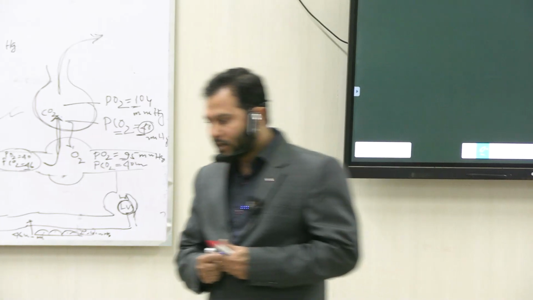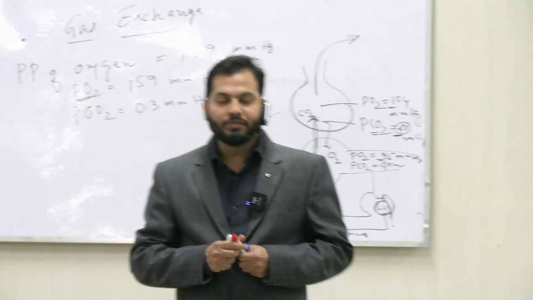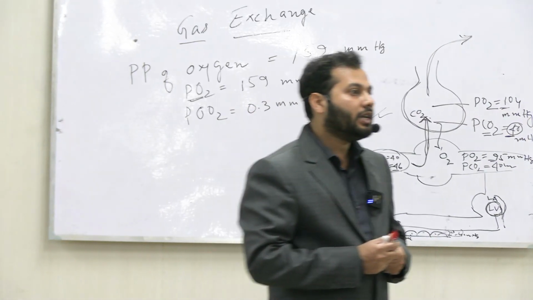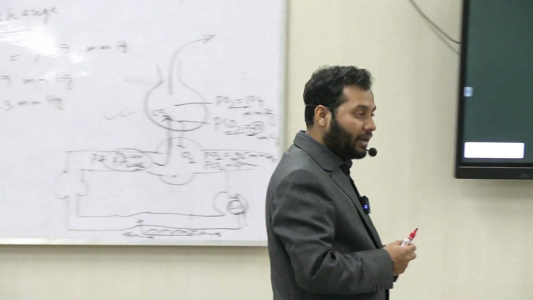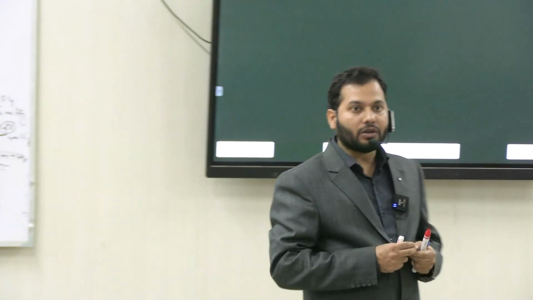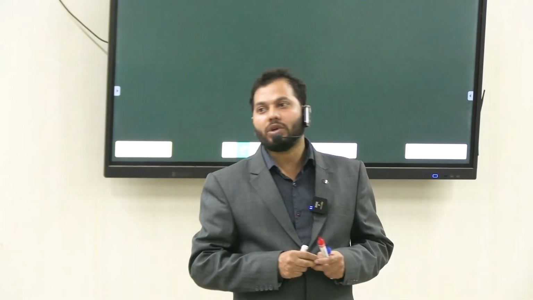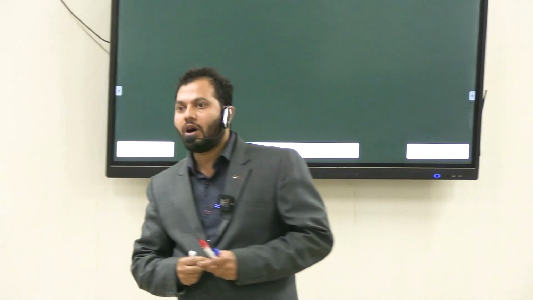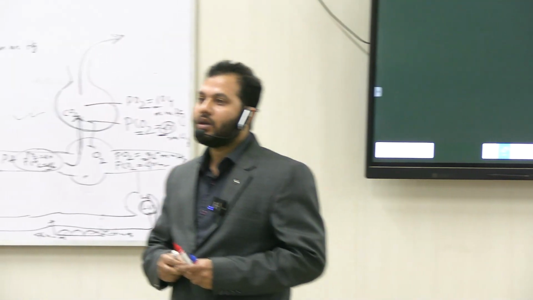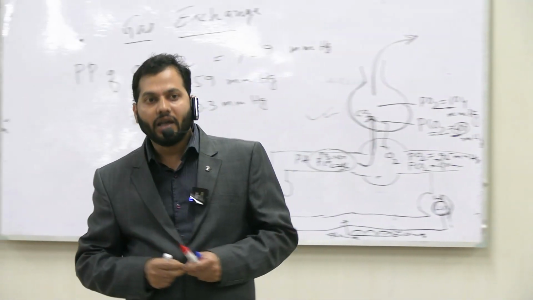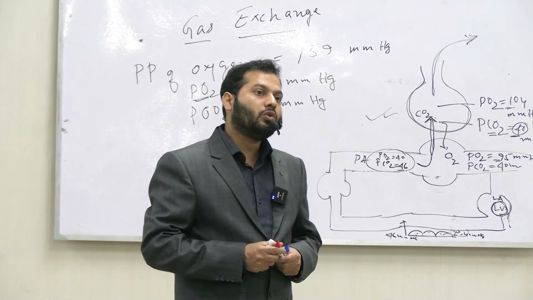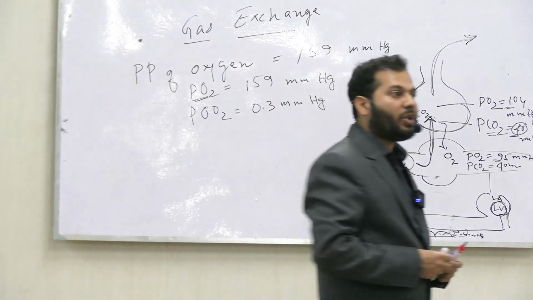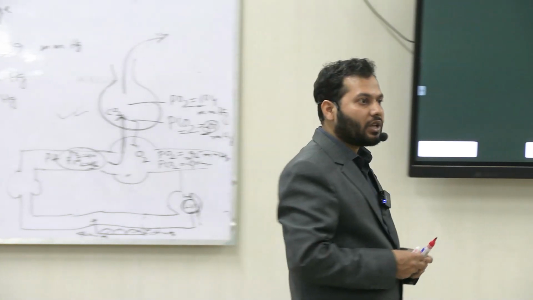So to explain this oxygen transport, mainly in the binding form, when oxygen binds to the hemoglobin, we should explain the saturation of hemoglobin, or percent saturation of hemoglobin, which is denoted by SaO2, and we also need to know the partial pressure of oxygen, that is PO2, right?